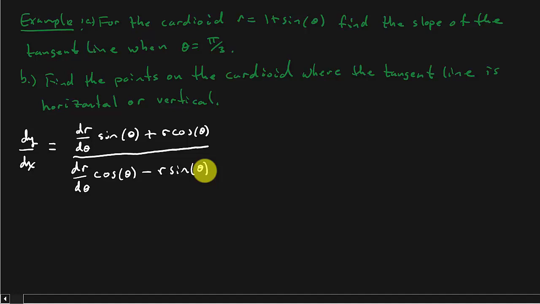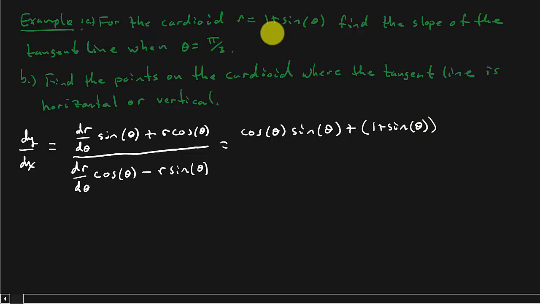All right, so let's see what we get. So this is going to be cosine theta times sine theta. Look at this, dr/d theta: what's the derivative of r with respect to theta? The derivative of 1 is 0, the derivative of sine is cosine, times sine theta, plus r, so 1 plus sine theta.